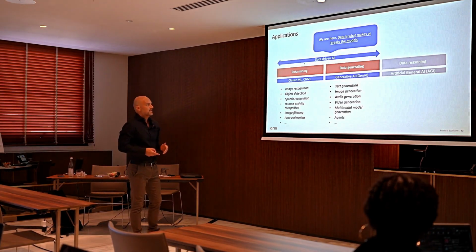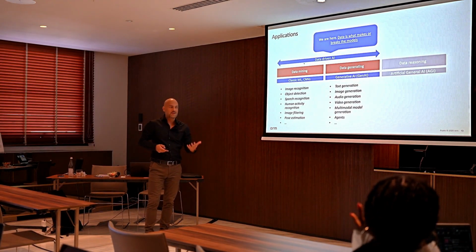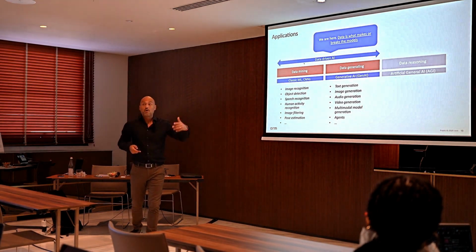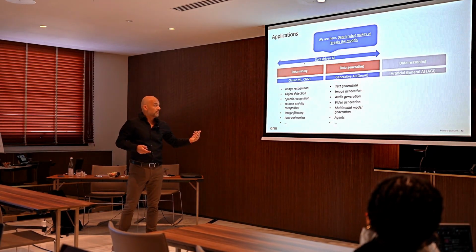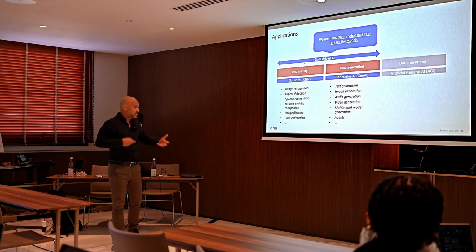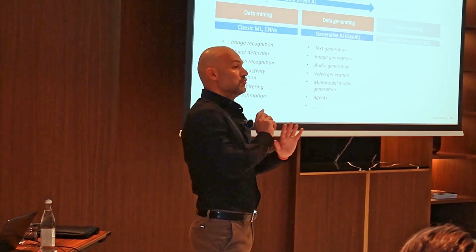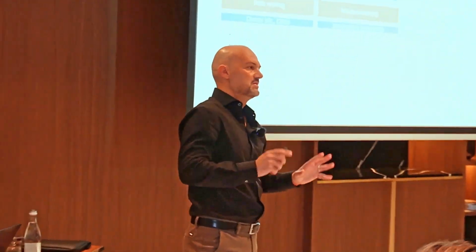On generative AI, there are so many things happening. Text generation, image generation, audio, well, video as well. Multimodal model generation, agents, and so on, and so on. Today we won't talk about video, because video is still an interesting area, but quite expensive. Expensive for the cloud. Try to imagine for the edge.